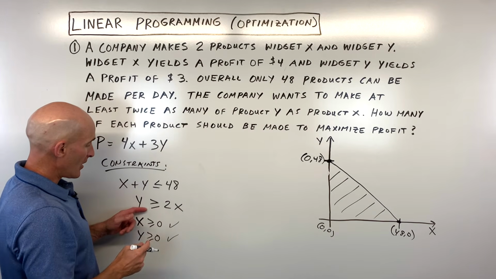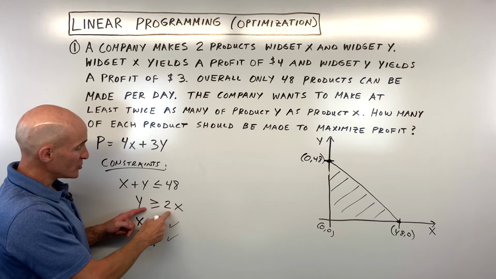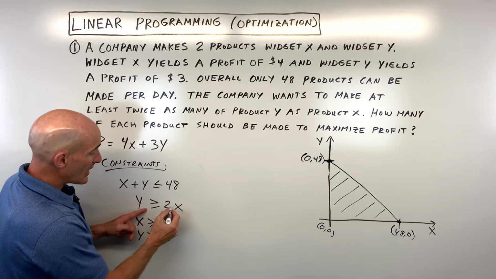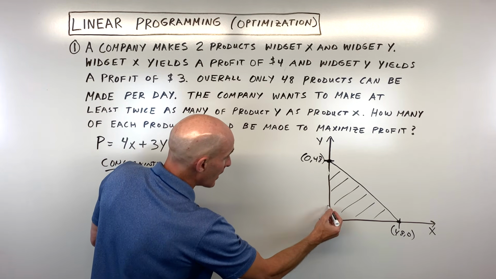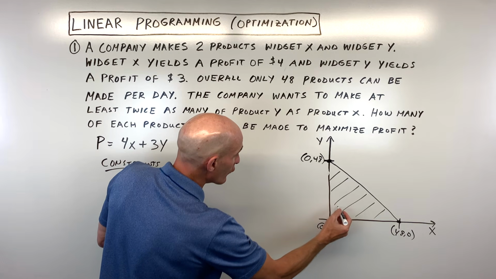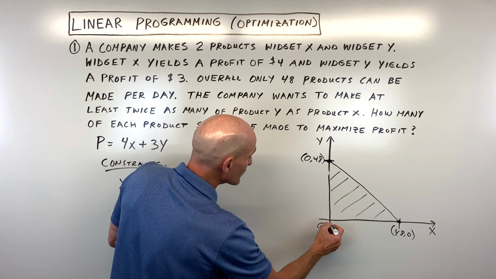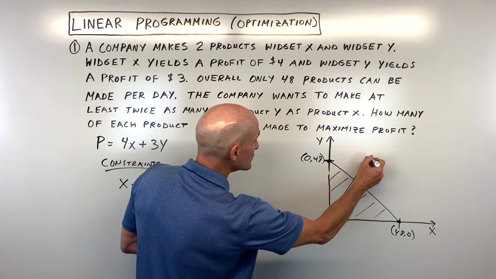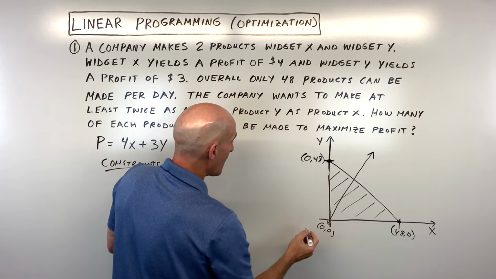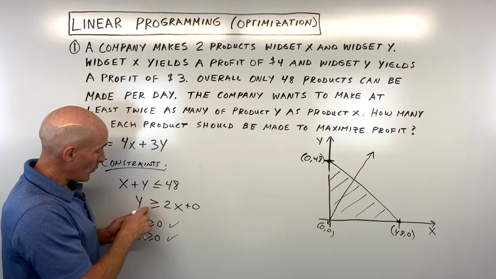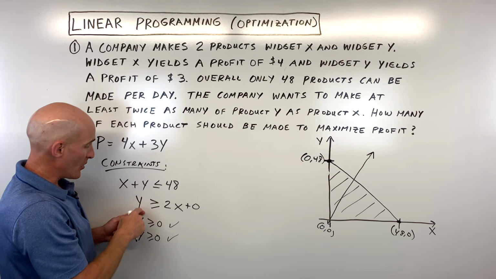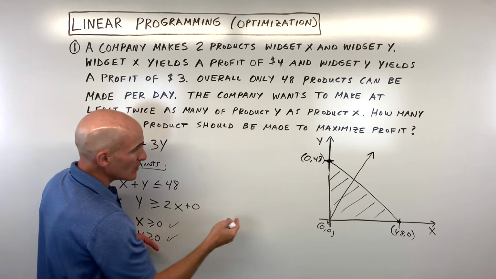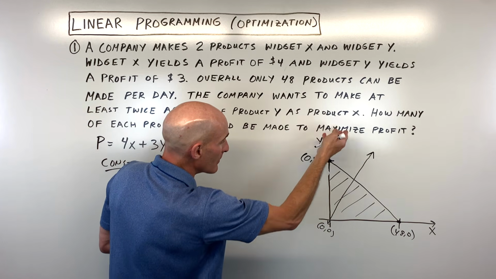And then for the other inequality, y is greater than or equal to 2x, this is kind of like y equals mx plus b, where b is 0, and we're basically going up 2 over 1, up 2 over 1. So this is a line that looks something like this with a slope of 2. Here, when the y is by itself on one side of the inequality, y controls the vertical direction, up and down. So if the y values are greater than or equal to, you're going to be shading above this line.